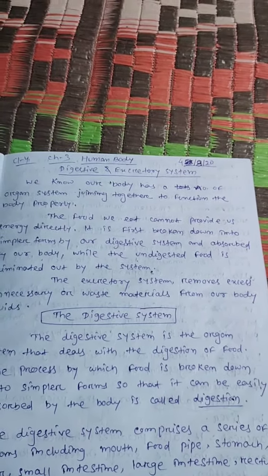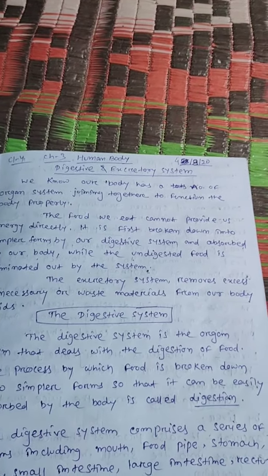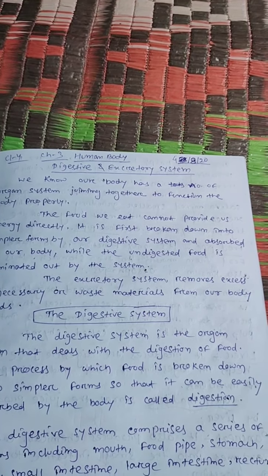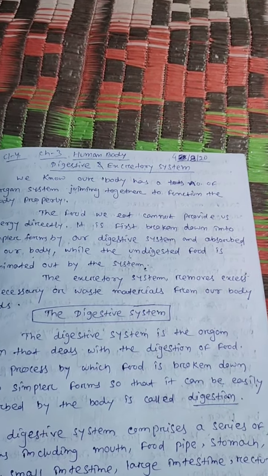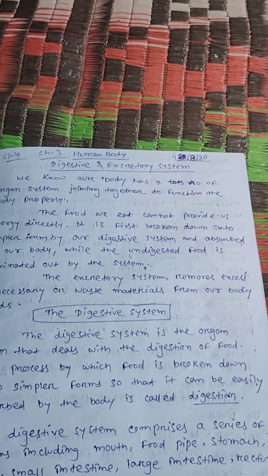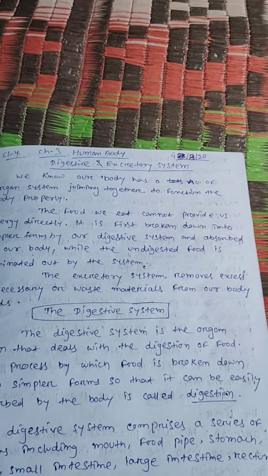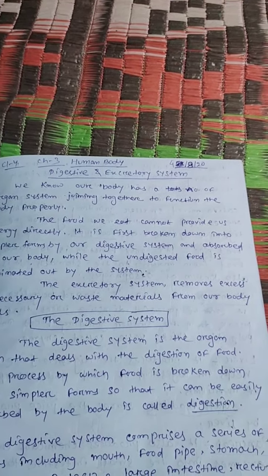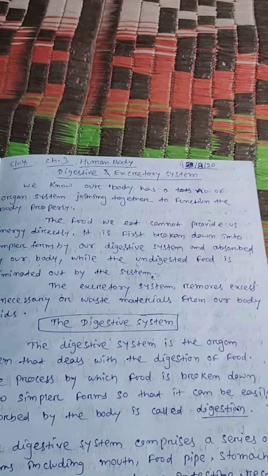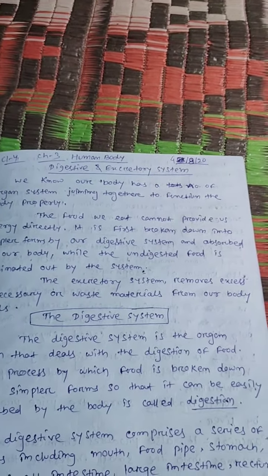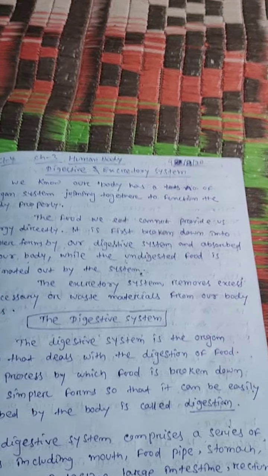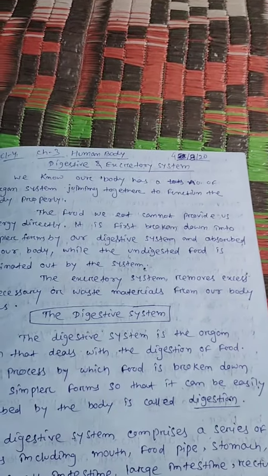In the digestive system, likewise, a number of organs are included which join together to function the body properly. We know that the food we eat cannot directly provide energy to the body. So what happens?